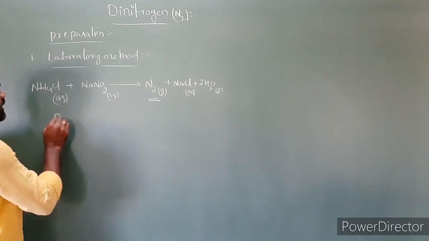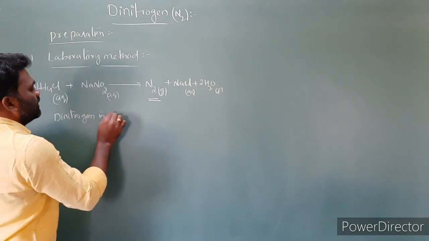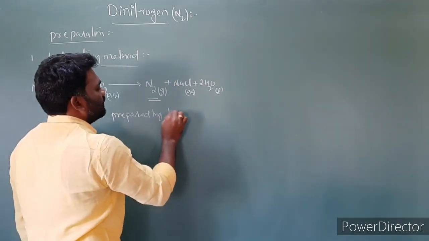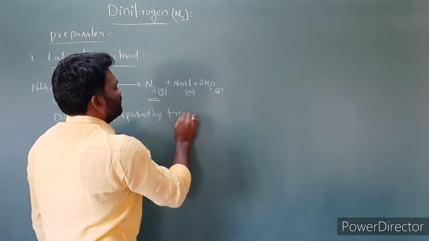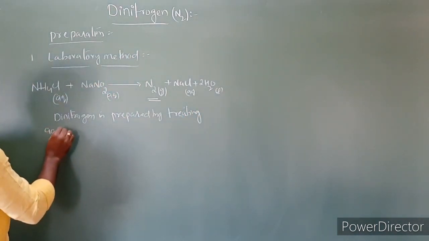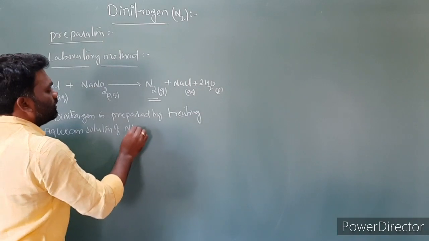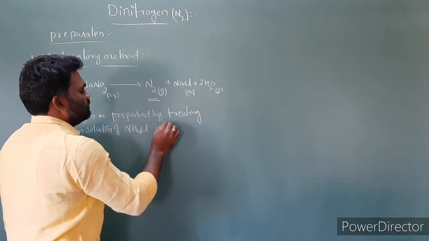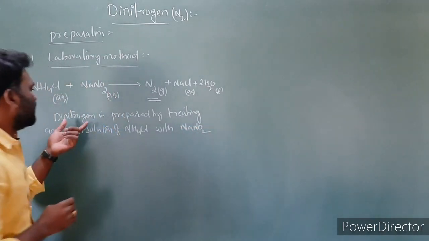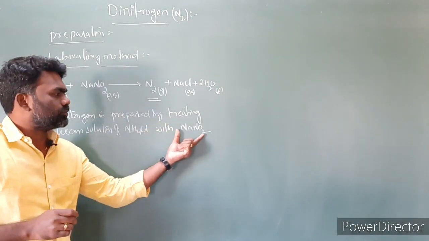So let us read the statement. Dinitrogen is prepared by treating an aqueous solution of ammonium chloride with sodium nitrite, NaNO2.